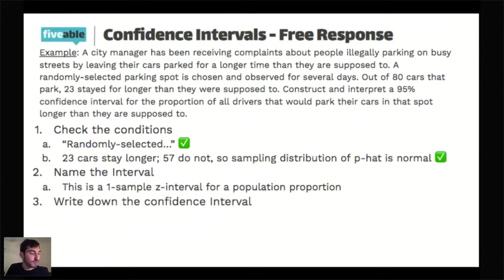We're going to write down the confidence interval. I go to my calculator. I go to stat tests. I slide down to one prop Z int when I'm doing proportions. If you have a TI calculator, they're called one prop, not one samp. One prop Z int. I say X is 23. I say N is 80.